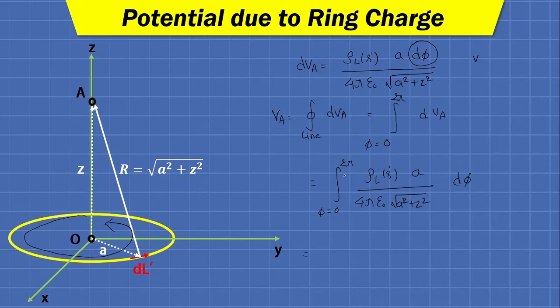So the only part of the integration that is left is the integration of 1 with respect to phi, and the integration of 1 with respect to phi will be phi itself with lower limit 0 and upper limit 2 pi. So solving this, rho L r prime a will be considered as constant. Similarly 4 pi epsilon naught will be constant, under root a squared plus z squared, and this integration, by putting the upper and lower limits, will give us the answer 2 pi.